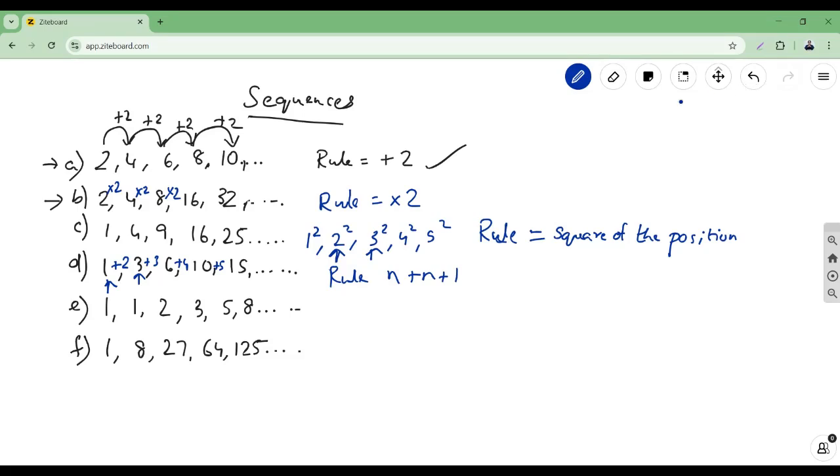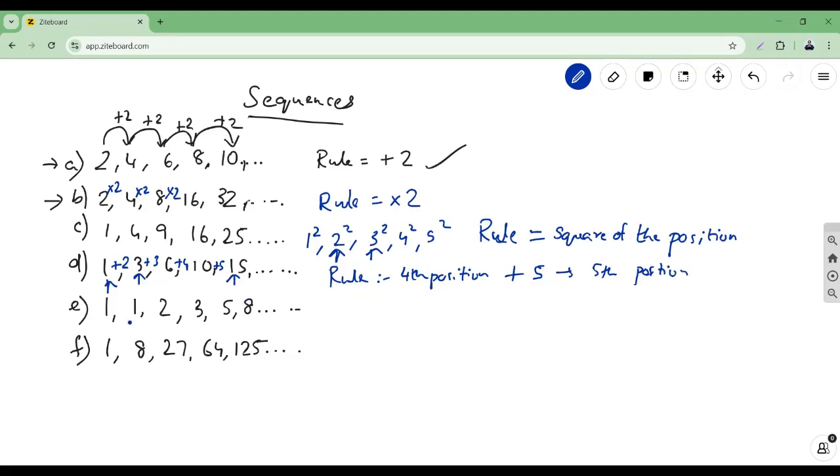I had to add the next number. It's not n plus 1. Basically, I will be adding the extra number. That's right. The next number. That means for the fourth position, whatever the fourth position number is, fourth position number plus 5 will give me the fifth position number, like that. So this is the rule, right?